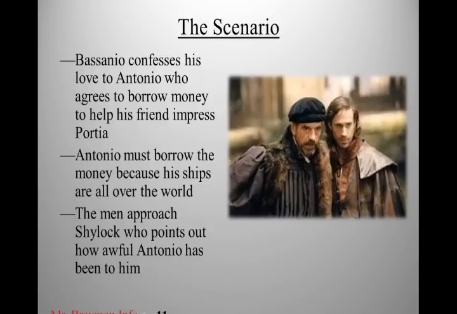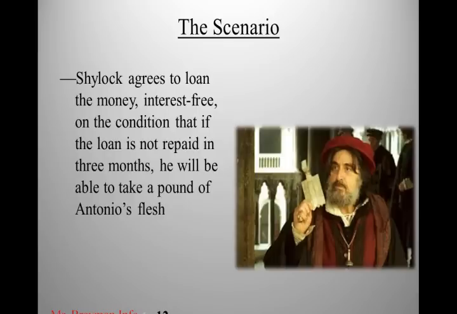And the men approach Shylock, who points out how awful Antonio has been to him. And so Shylock agrees to loan the money interest-free to Antonio on one condition: that if the loan is not repaid in 3 months, he, Shylock, will be able to take a pound of Antonio's flesh from wherever on his body he wants it.